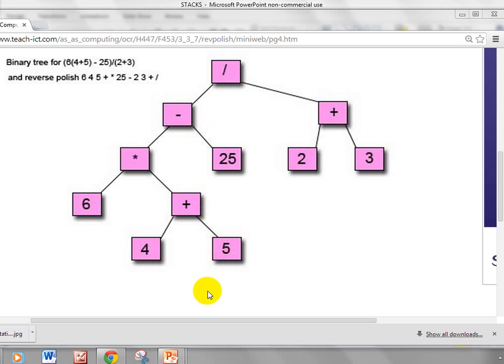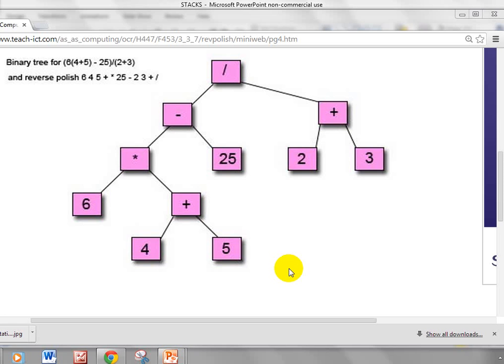And we've got to do our 4 plus 5, multiply that by 6, subtract 25, and then divide 2 plus 3.